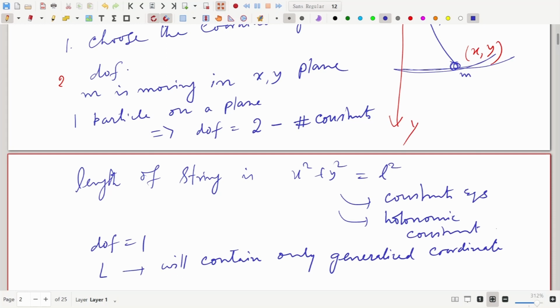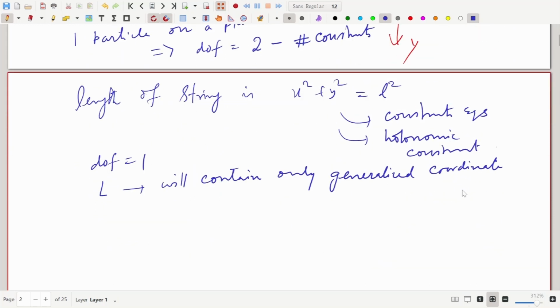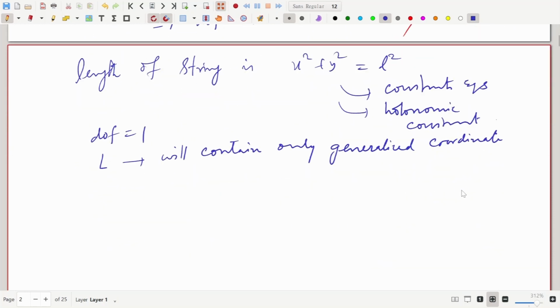Okay. So, now let us write what it will be. So, we proceed with that. The third step is the Lagrangian, which is T minus U. So, T for a particle in 2 dimensions, we can write as half m times x dot square plus y dot square, and the potential energy, what will be the potential energy?